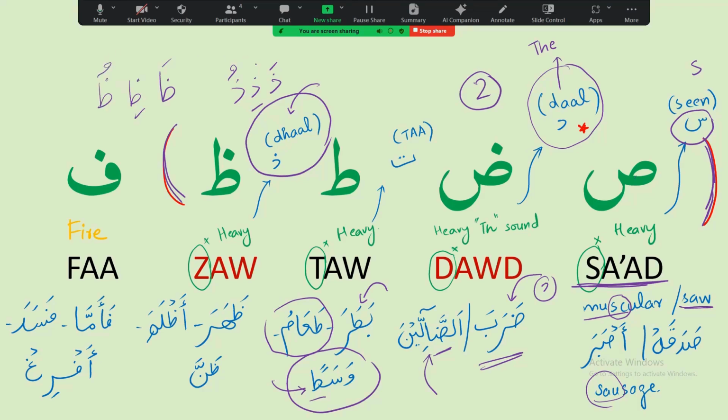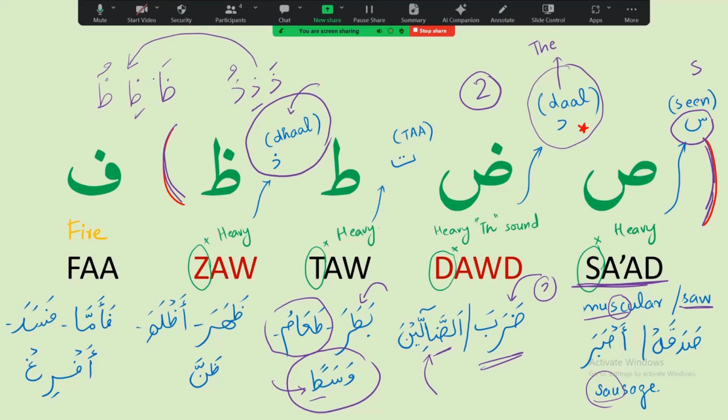What happens is that this is a kind of a heavy version of this dal. For dal, the way we touch the tip of our tongue to the edges of our upper front two teeth, we will do the same thing in law as well. Law, li, lu, the, thu, law, li, lu. Right?